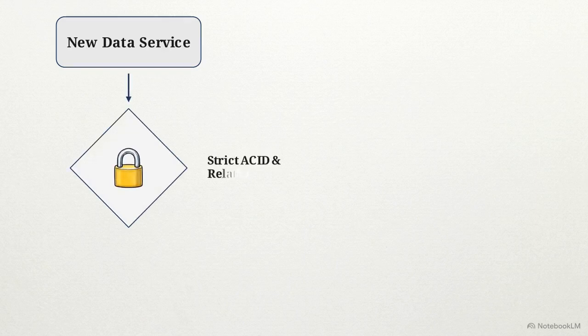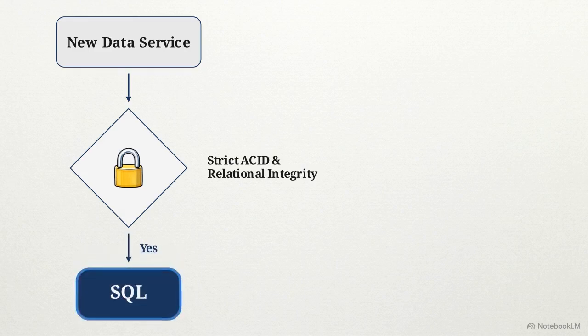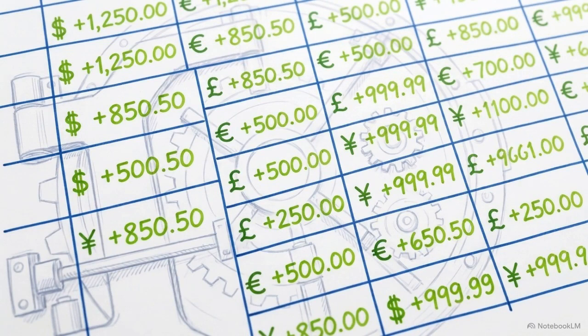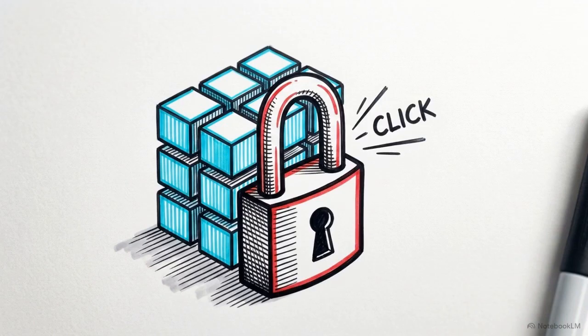We can map these decisions using a simple framework. For every new data service, we evaluate the requirements of the workload. If the service requires strict ACID compliance and relational integrity, the decision tree points directly to SQL. This remains the standard for financial ledgers, inventory systems, or any service where the accuracy of the record is the primary constraint.